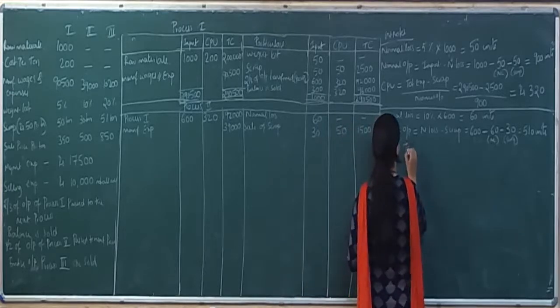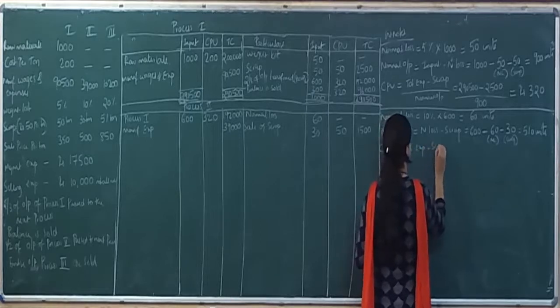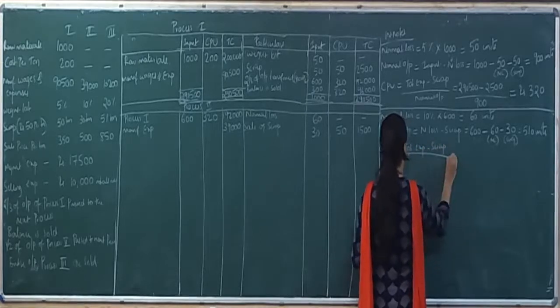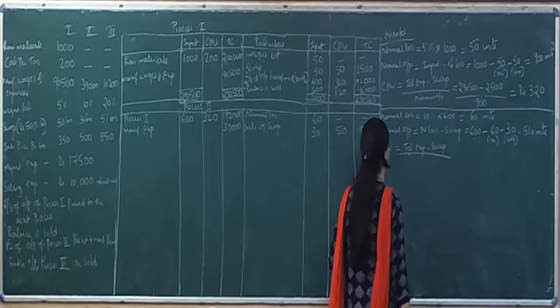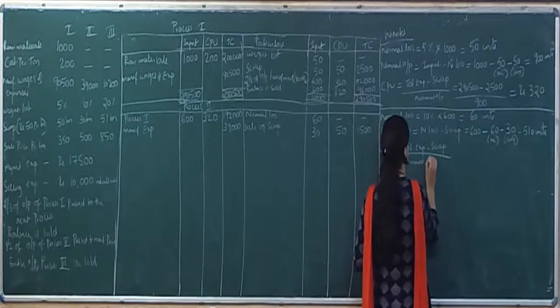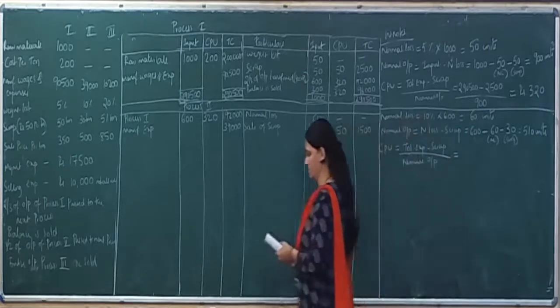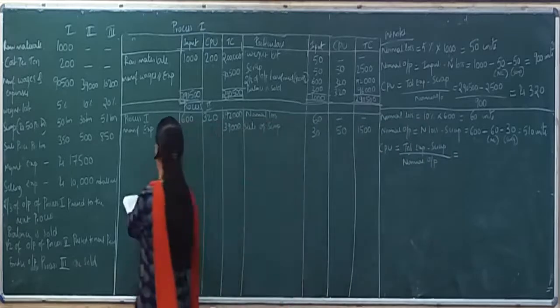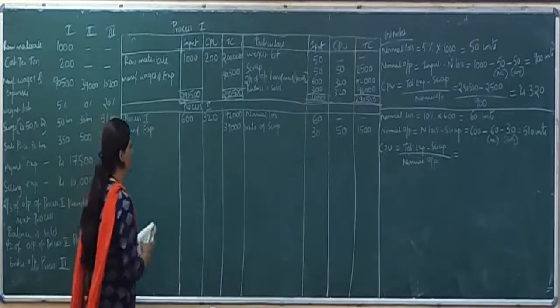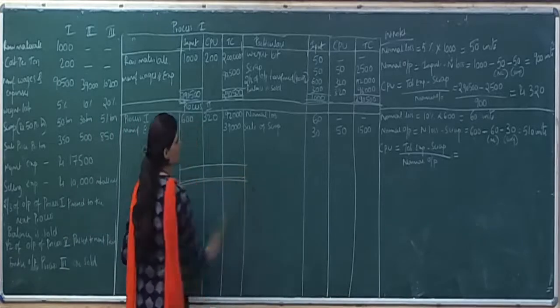CPU is equal to total expenses minus scrap, then normal output. We can make a total of this side to know the total expense.